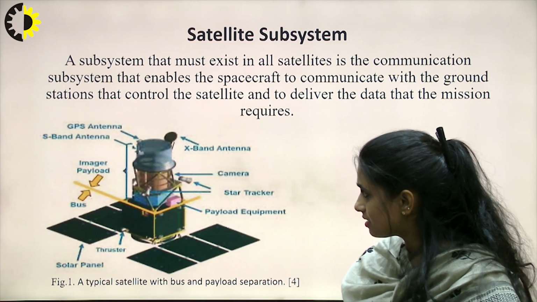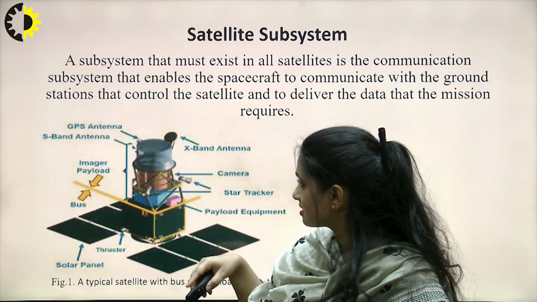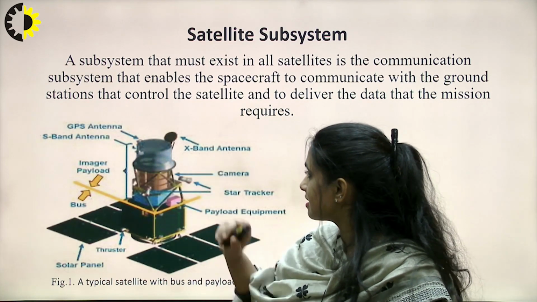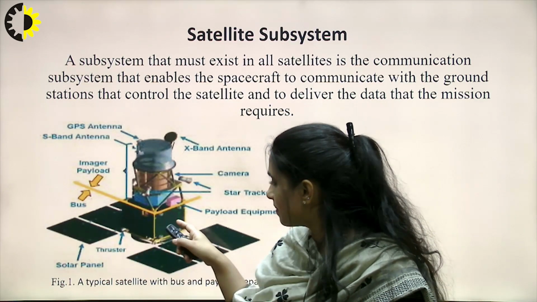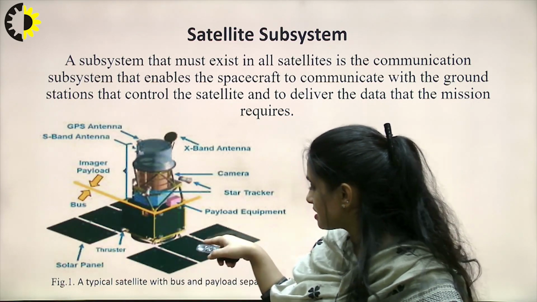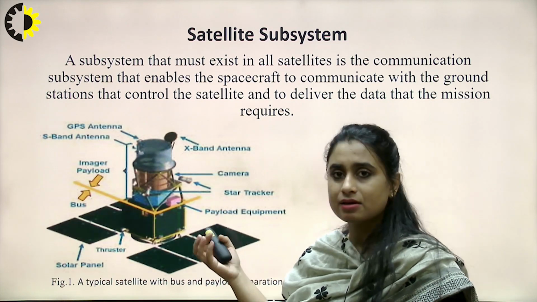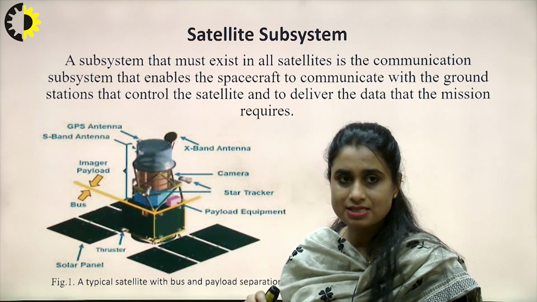We can see in this picture, this drum-like structure is the satellite. It has various antennas mounted over it: the GPS antenna, the X-band antenna, the S-band antenna. These are the solar panels. There are solar cells mounted on it, so it continuously gains energy from the sun to support the working of the satellite.